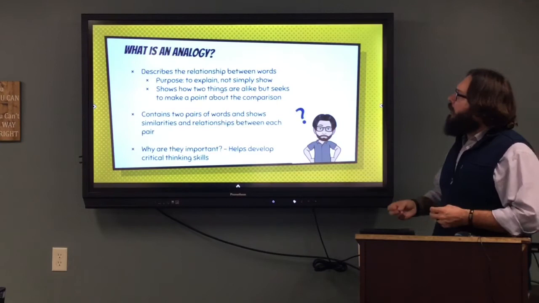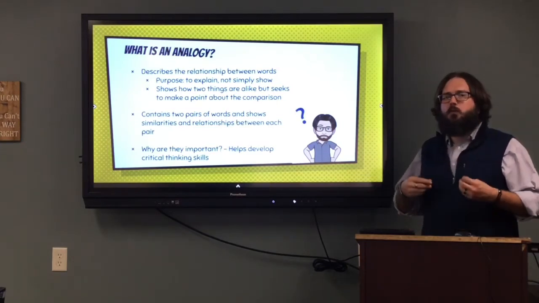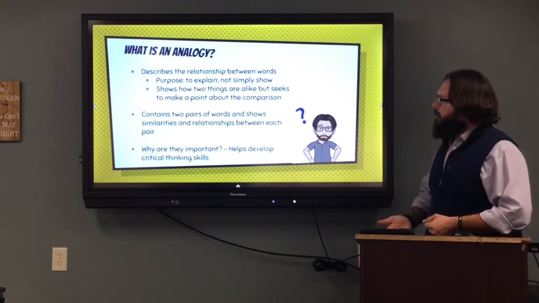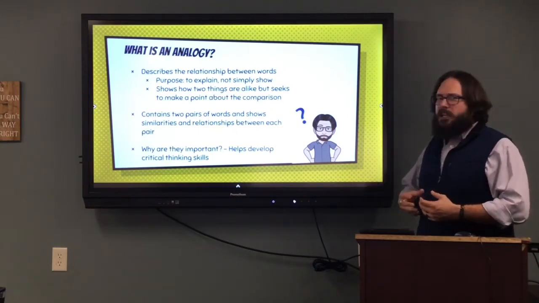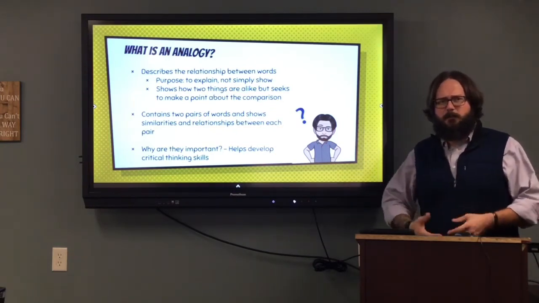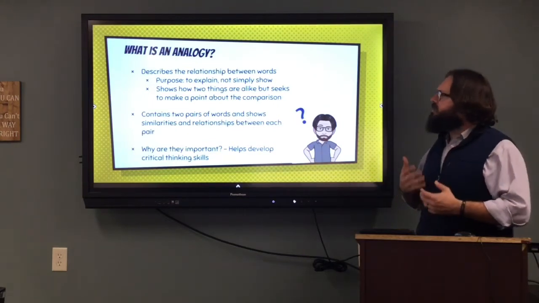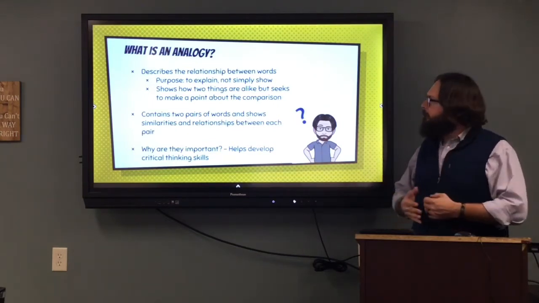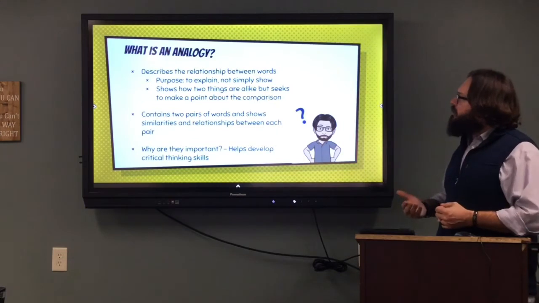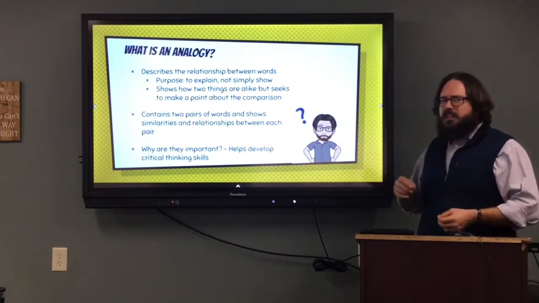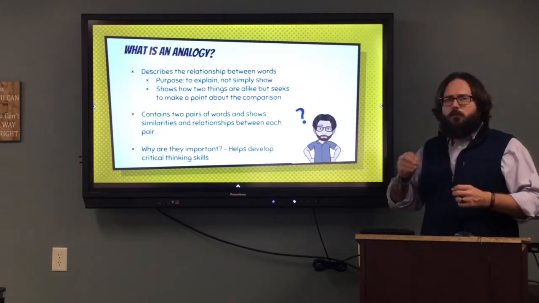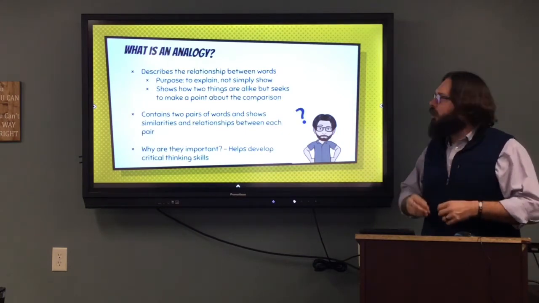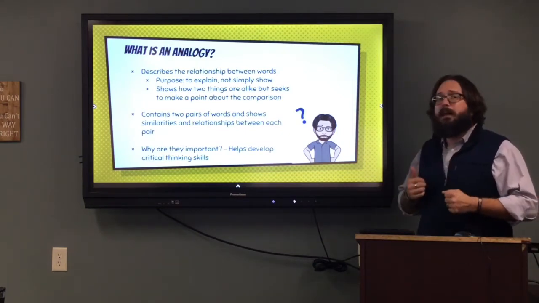Analogies describe the relationships between words. The reason that an author will do this is to explain a concept or thought or idea, not just simply show it. An analogy is going to show how two things are alike, but the real purpose is to make a point about the comparison.